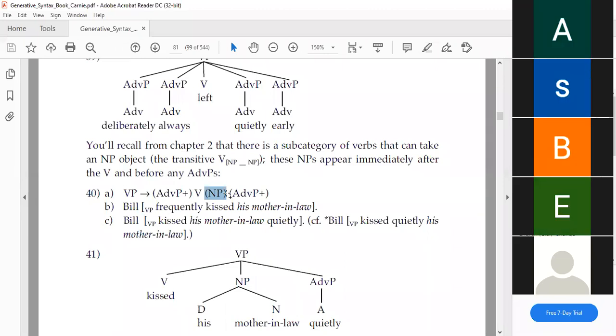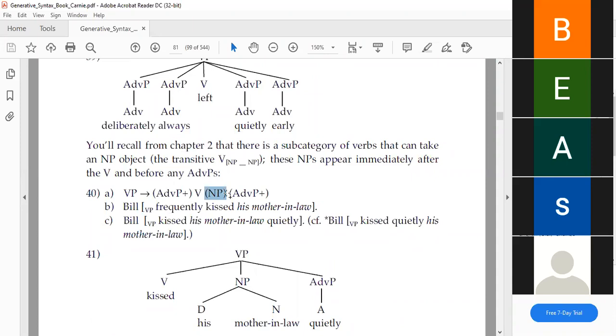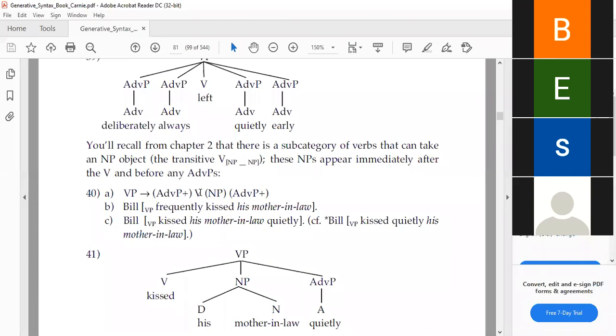Yes, because there are transitive and intransitive verbs. So we make it optional, because if the verb is intransitive, there is no need for this NP. If it is transitive, then we need the NP. But if we make it obligatory, then we exclude intransitive verbs, and this is wrong.